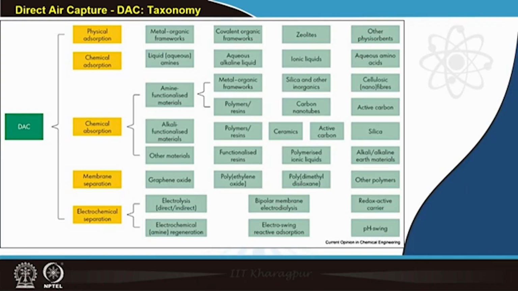And then coming to membrane separation and electrochemical separation. So in terms of physical absorption, you have various technologies, you have the chemical ways, and also the absorption and separation technologies.